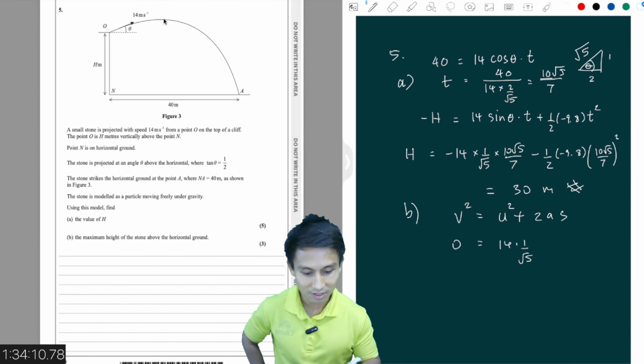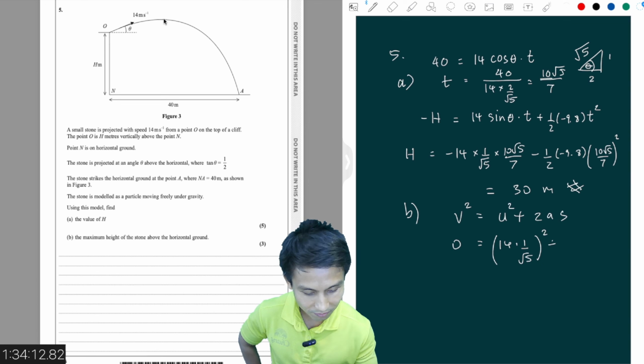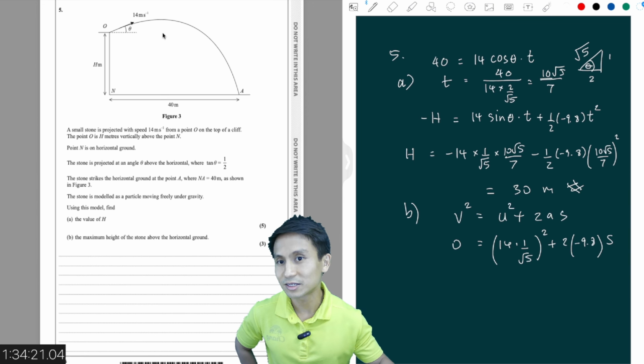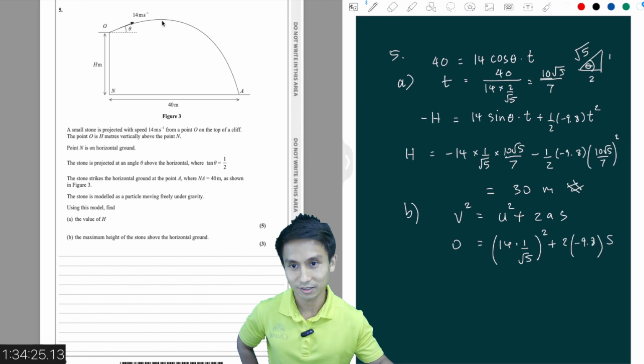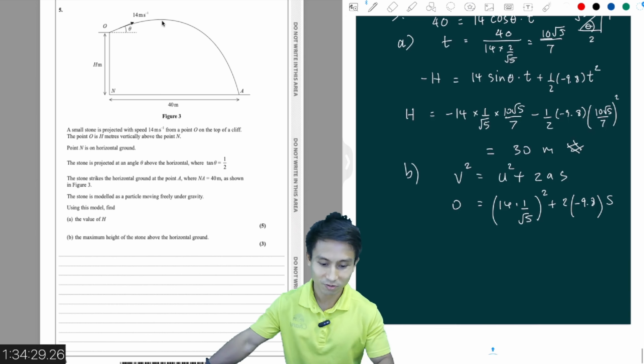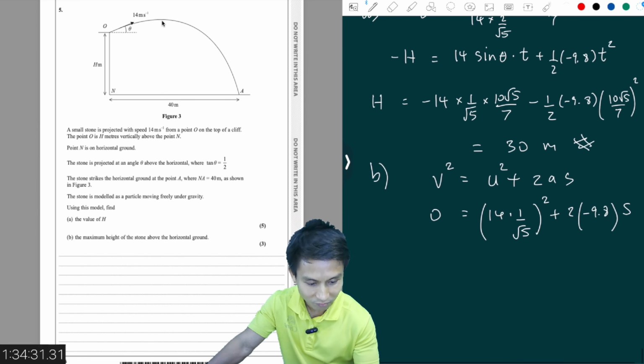So 0 equals 14 sine theta squared plus 2 times A, which is minus 9.8, times S, and S is just the distance from point O vertically up to the maximum point only. But we want to find the maximum height, so we need to add that to the H that we got earlier. So you have to be careful there.